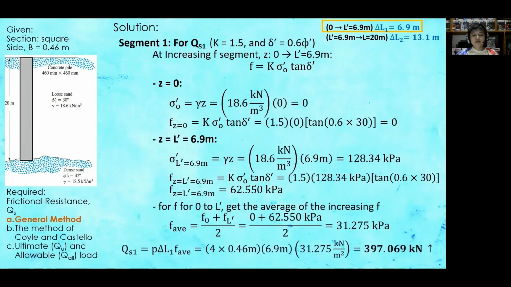And using this F average, multiply that to our perimeter, which is 4 sides of 0.46 meter, times our initial segment length, that is delta L1, that is 6.9 meters. Our first component, or QS1, is equal to 397.069 kilonewtons.